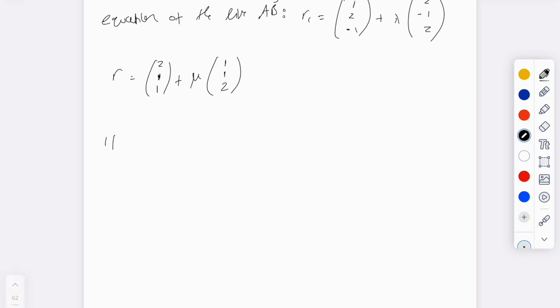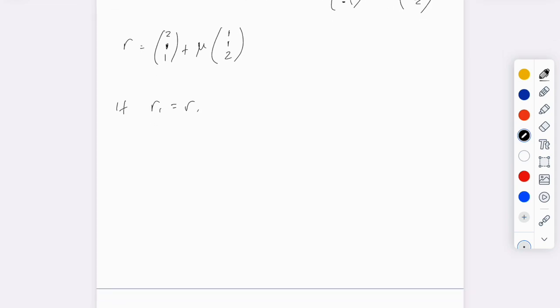Well, naturally, if R1 is equal to R, then what we can say is 1 plus 2 lambda, 2 minus lambda, and negative 1 plus 2 lambda, this thing over here, surely that's going to have to equal 2 plus mu, 1 plus mu, 1 plus 2 mu, right?